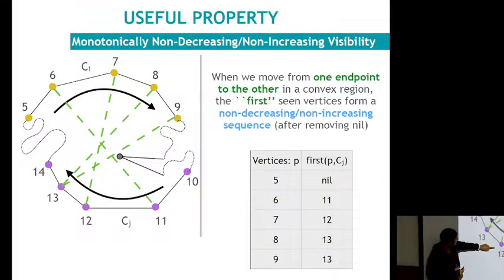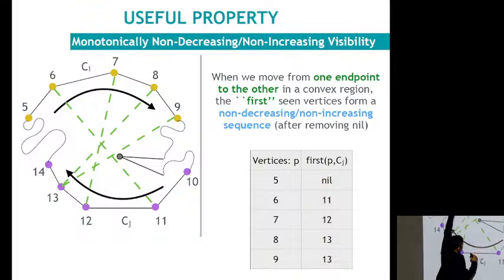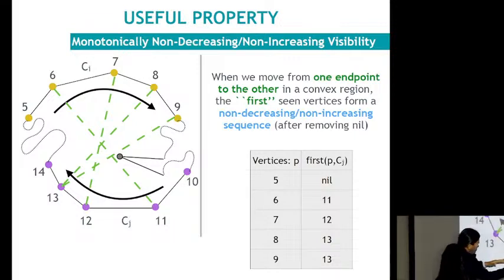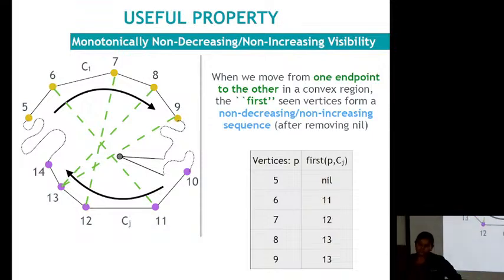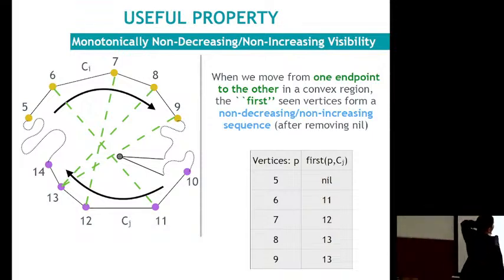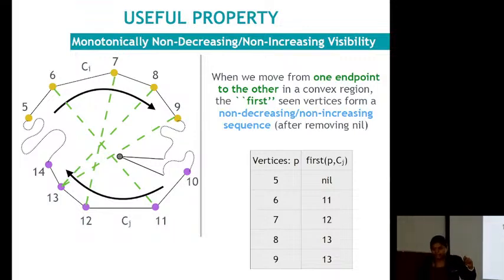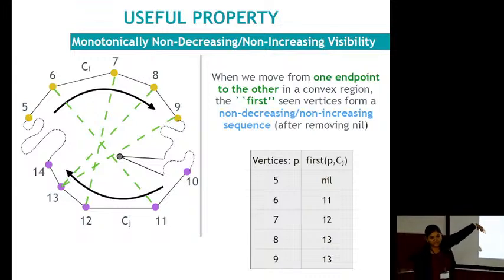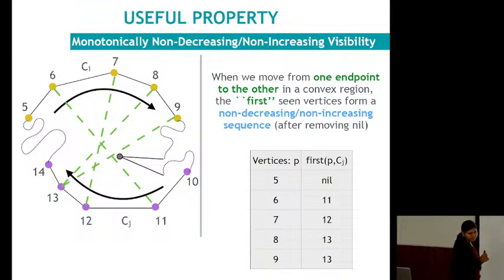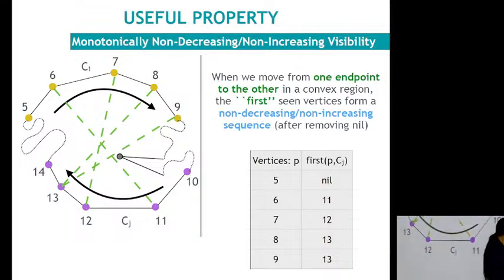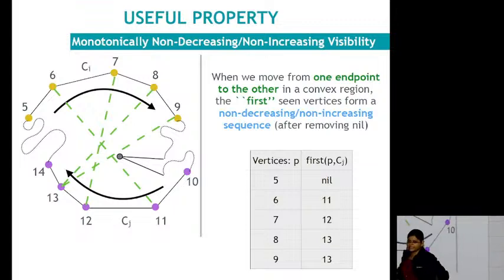First(7, Cj) is 12, and so on. The point is, due to these reflex vertices, if you are going from left to right, the function either stays at the same place or it is increasing. Either it's increasing or decreasing based on the labeling. So this is why intuitively we get monotone functions. These functions first and last are actually either non-decreasing or non-increasing.